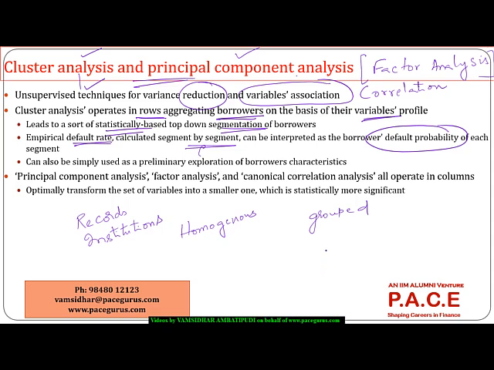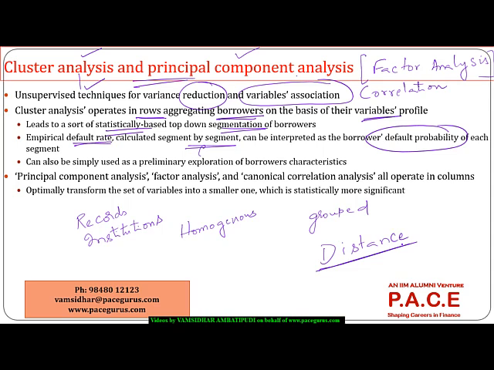It typically uses various distance-based mechanisms to group. Whichever are very close to each other in distance will be grouped together, and they should be farther away from the other groups. That's the funda applied in cluster analysis.